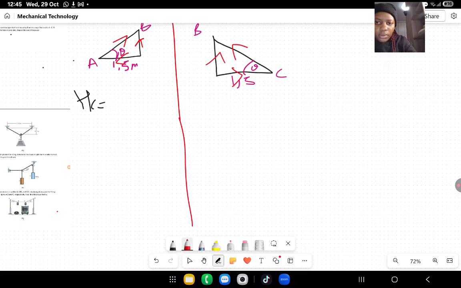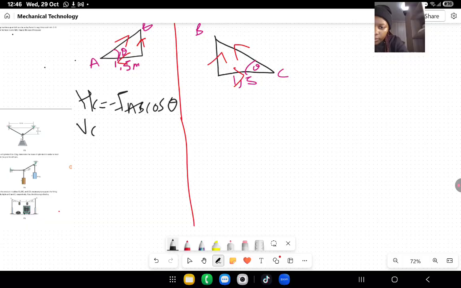So our horizontal component is negative FAB cos theta.